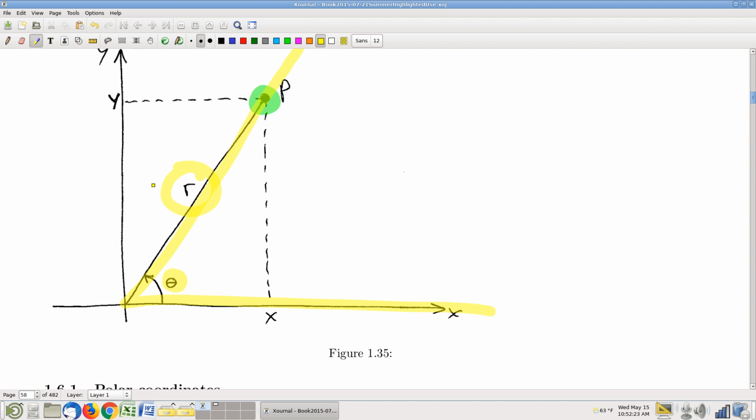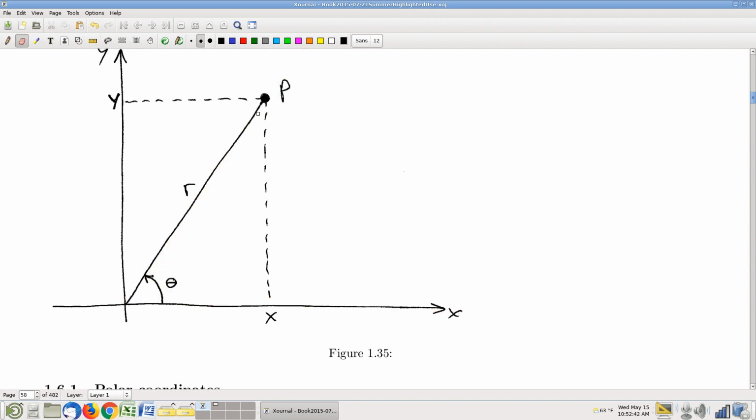I mean, look, if you tell me theta equals pi over 3 and r equals 2, I know what point you're talking about. That describes a location. That's a coordinate system. Isn't that cool? It's a different way to do it, but it works.